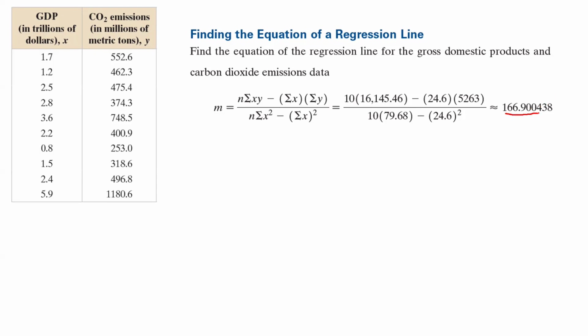And we find m to be positive 166.900438. The y-intercept formula was b is equal to y bar minus m times x bar.